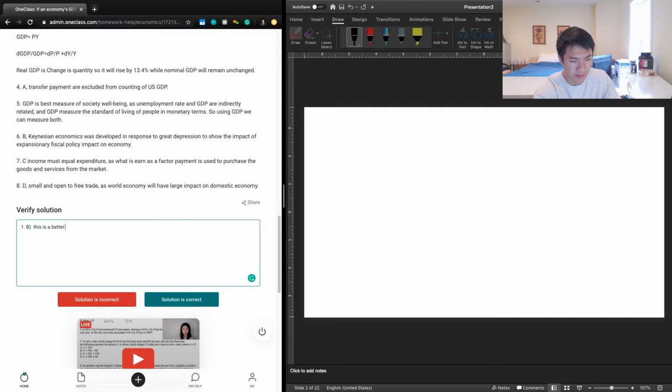This is a better answer because, as we know from the income approach to calculating GDP, GDP is tied to the amount of income earned by parties in the entire country.